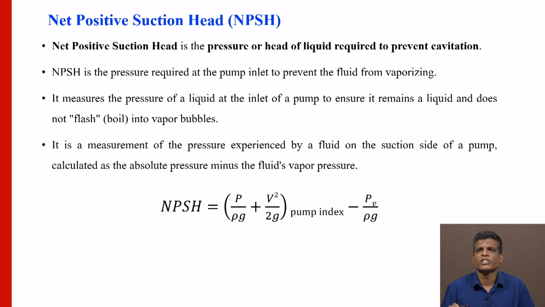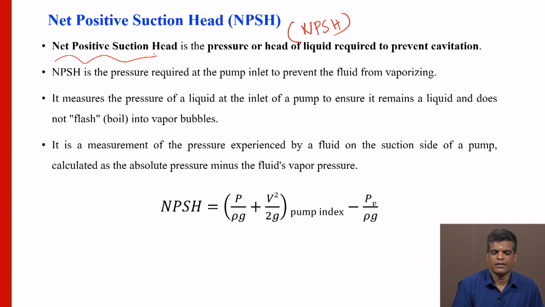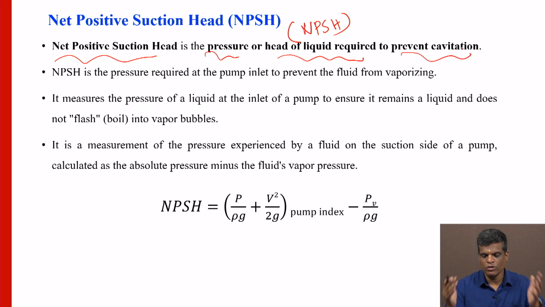The next topic is net positive suction head. We always write NPSH, which stands for net positive suction head. So what is net positive suction head? It is the pressure or head of the liquid required to prevent cavitation. Because you want to prevent cavitation, we need NPSH.